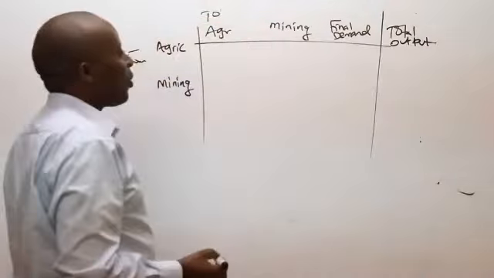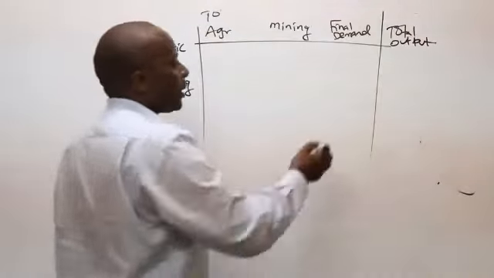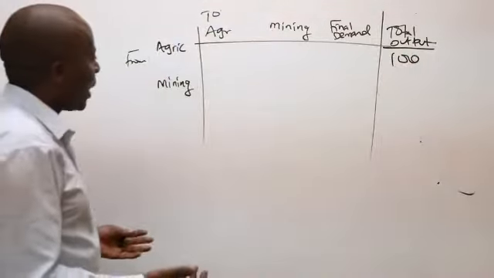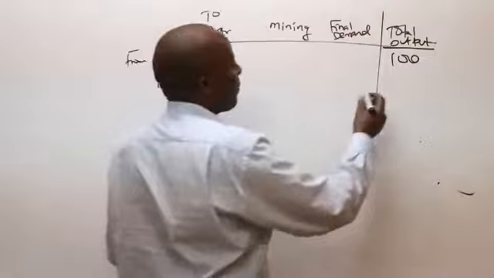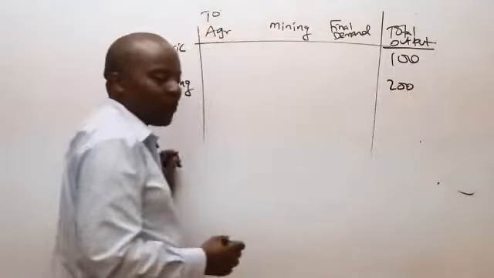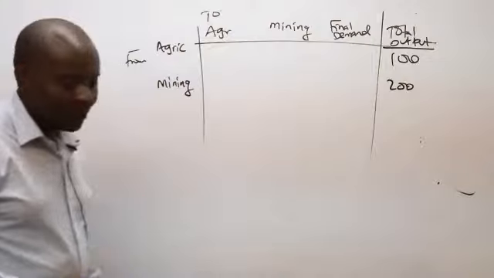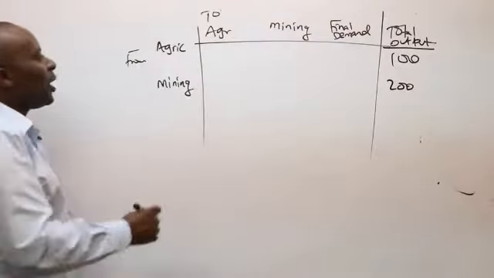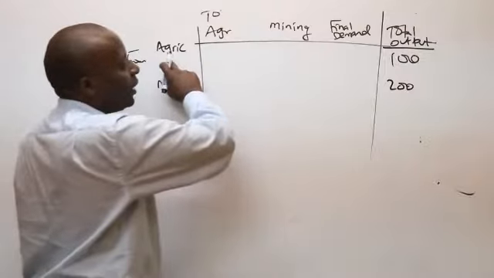It'll tell you that agriculture in the year produced 100 kilograms, could be 100 million kilograms, and for example, mining produced 200 kilograms of limestone. Limestone is quite useful.